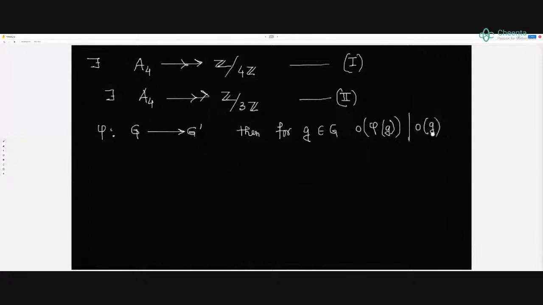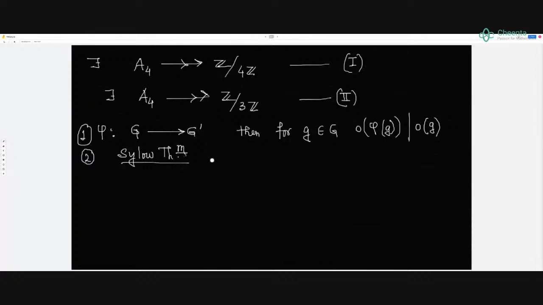So this is one thing that you need to know. Another thing that you need to know, if you want to solve it the way I am going to tell you, are the Sylow theorems. So these are the two things that you need to know to solve this problem.